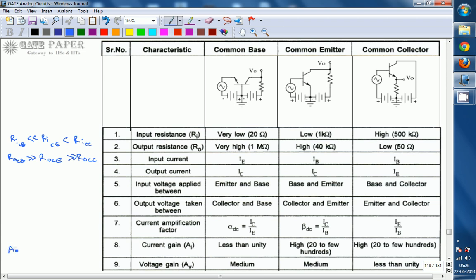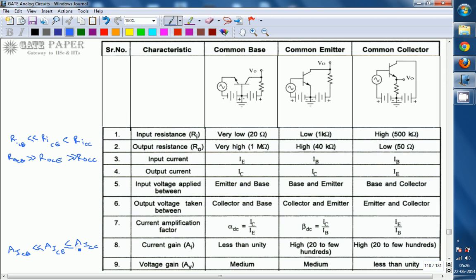Current gain, indicated as Ai, of common base is far less than Ai of common emitter, and it is lesser than Ai of common collector. Common collector has the highest current gain, but strictly speaking it is only one more than the current gain of common emitter. Even though we say common collector is high, the difference is only one, so both can be approximated as the same. So you can write less than or equal.